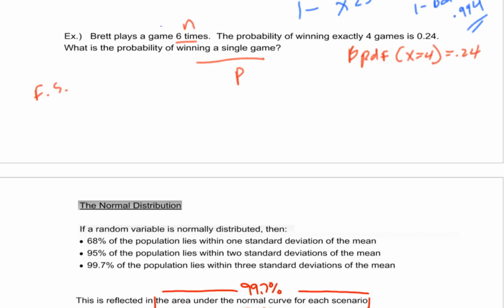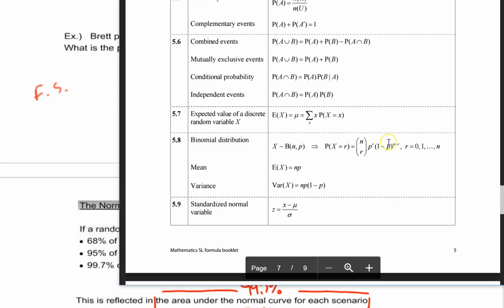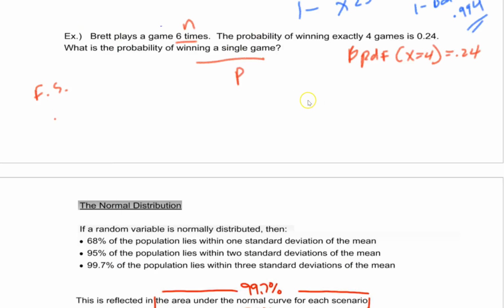So if we get my formula sheet, right here is the thing. The probability equals n over r p 1 minus, let's write down that formula. So probability you want, the answer equals n over r, p to the r, 1 minus p to the n minus r. I believe is the way the formula is written.